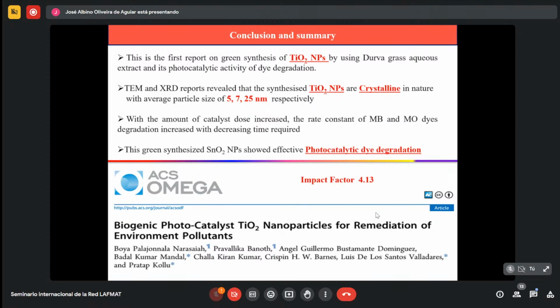We published it in ACS Omega: biogenic photocatalyst titanium dioxide nanomaterial for removal of environmental pollutants. Whatever data we generated, we published in ACS Omega. These are the authors. Go to the next slide.